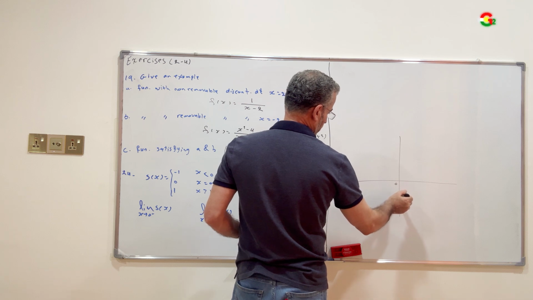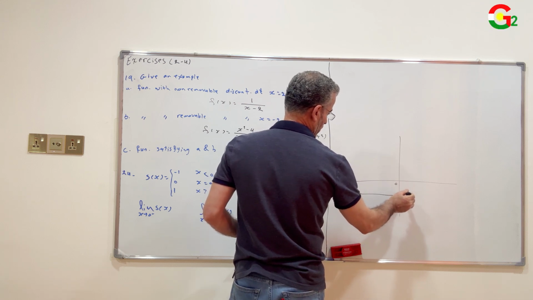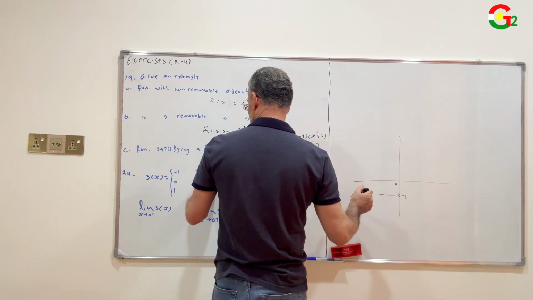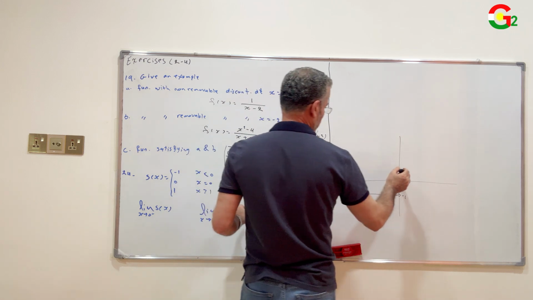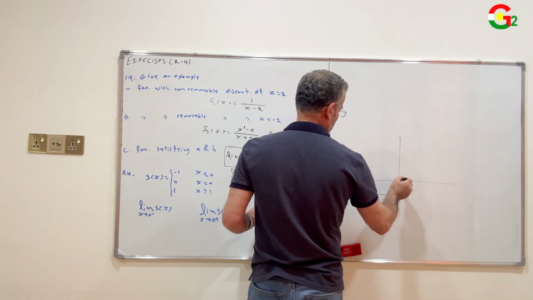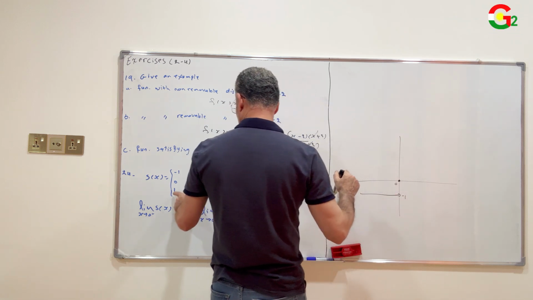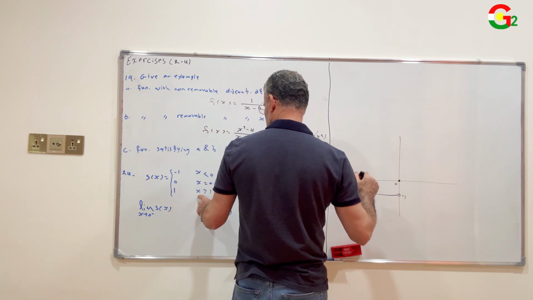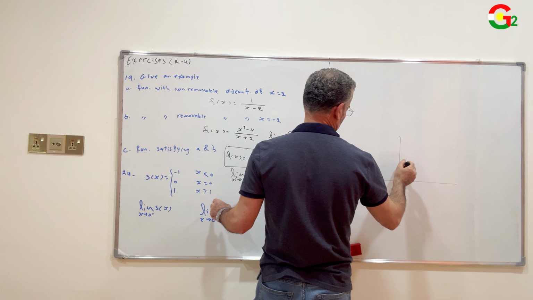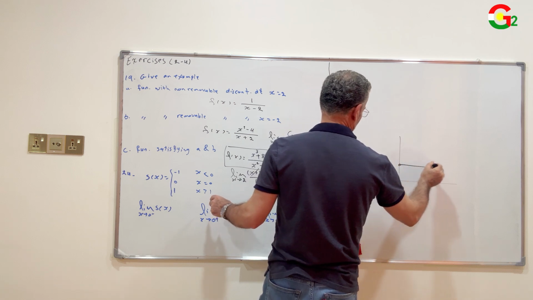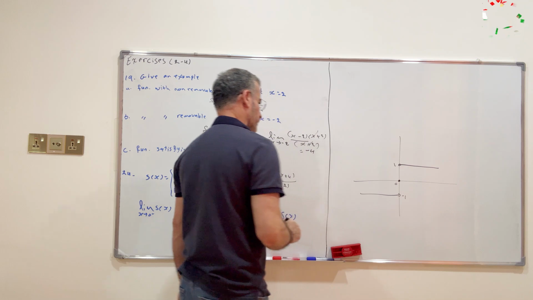This is the first segment. When x equals 0, s of x equals 0. When x is greater than 0, s of x equals 1, the function is 1.